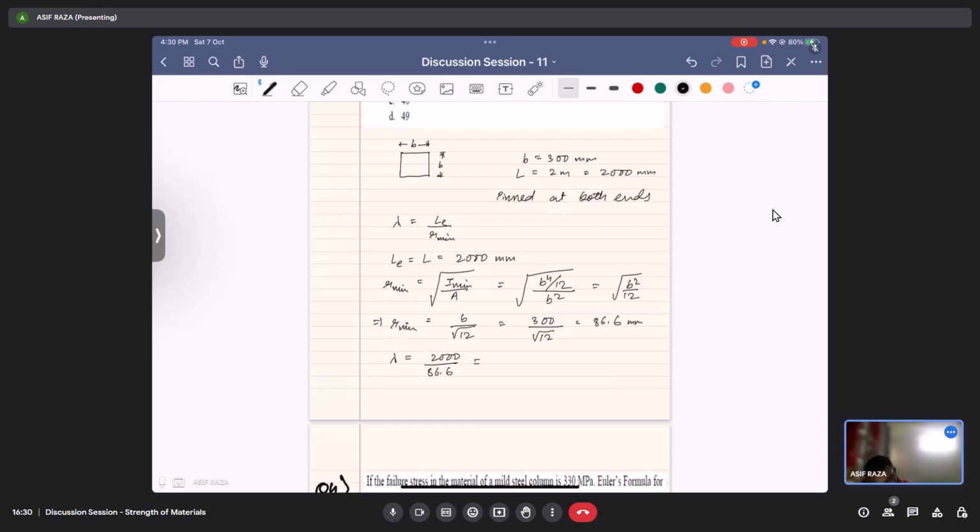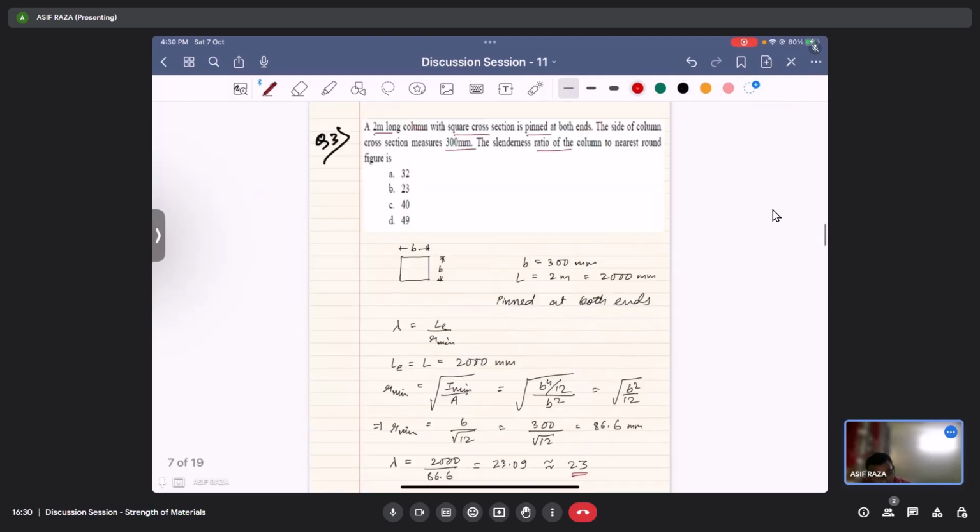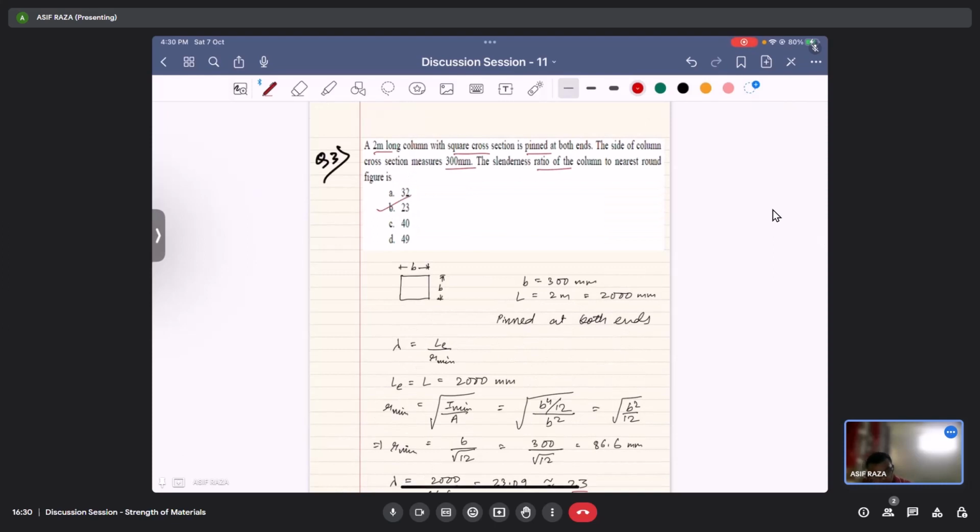This comes around 23.09. When rounding it off, I can write it as 23. Thus my answer would be option B, 23.